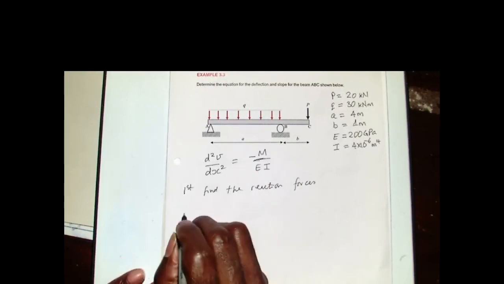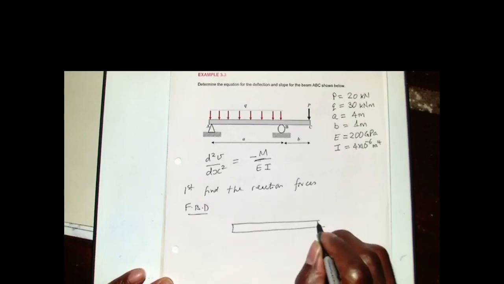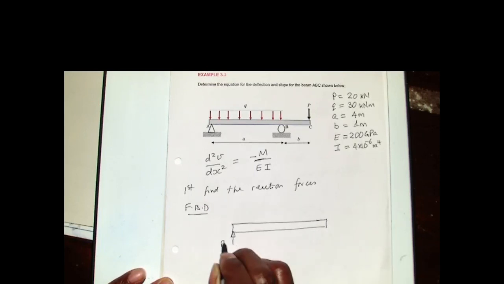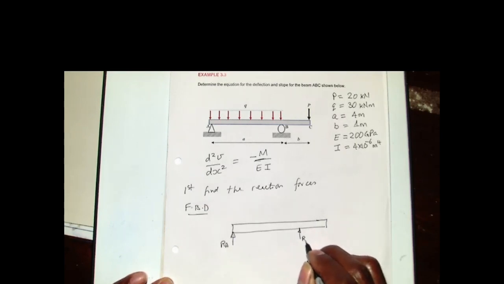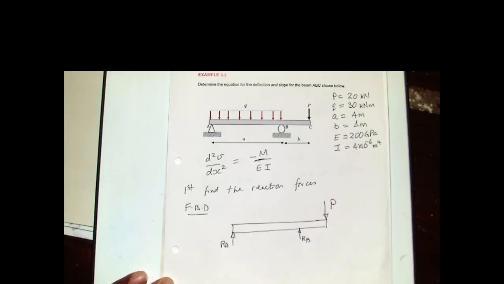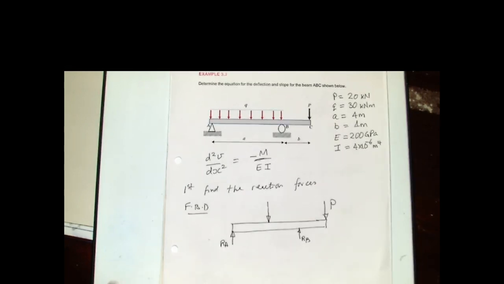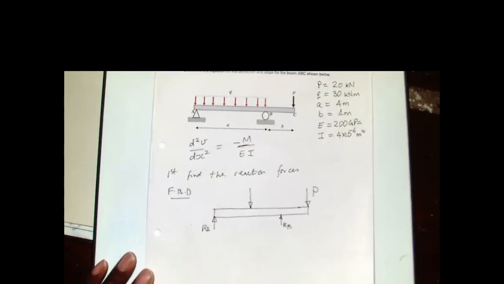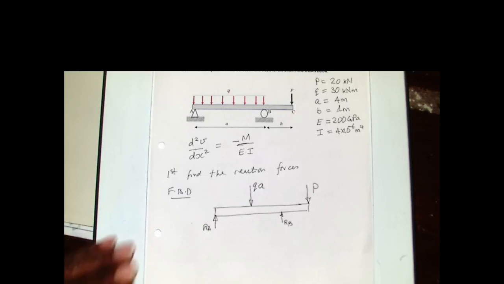For the reaction forces, we need our free body diagram. So if I just draw that, I have reaction force at A, reaction force at B, a point load P that is applied, and a UDL which is going to act through the middle. I'm going to put no numbers in, just Q times A, because that is the total net downward force that is acting.